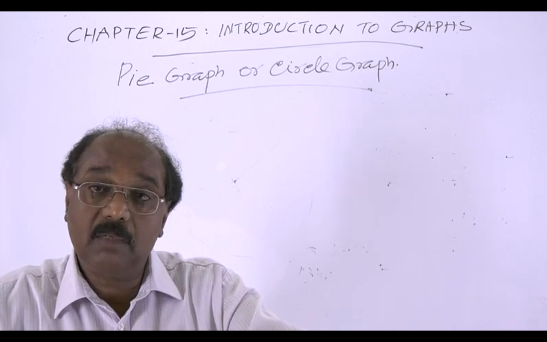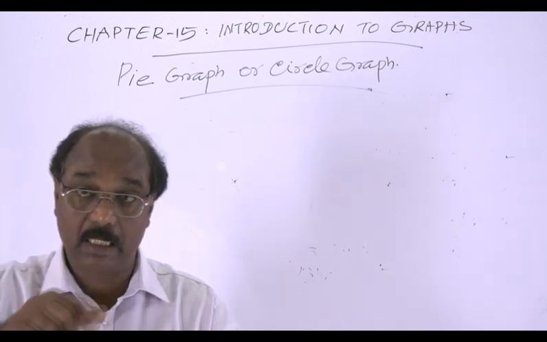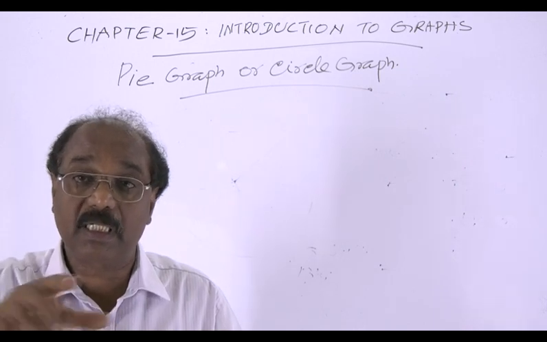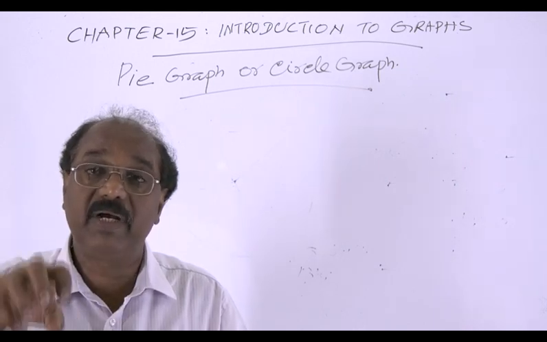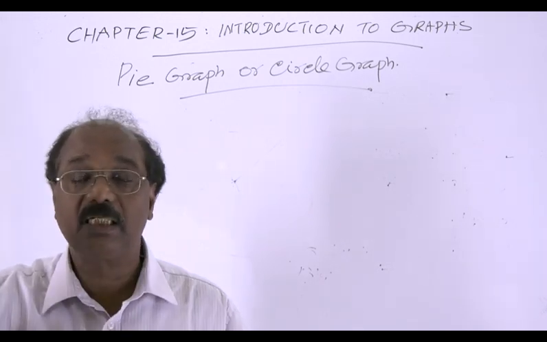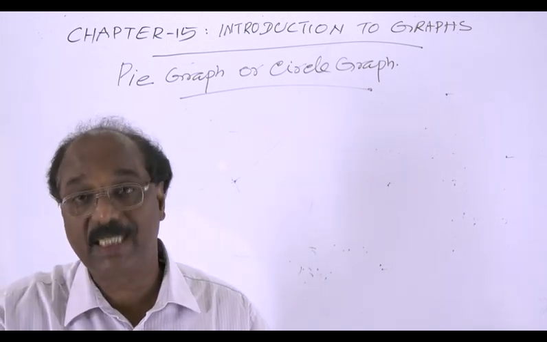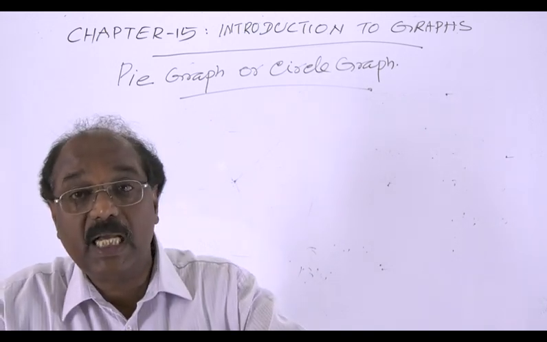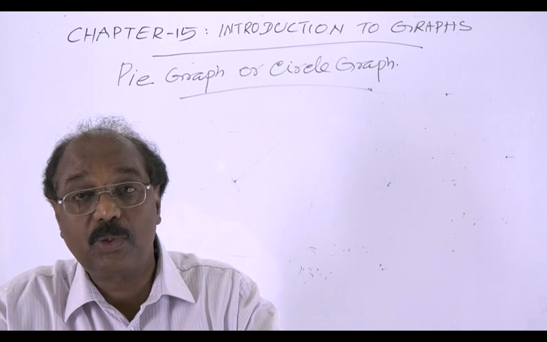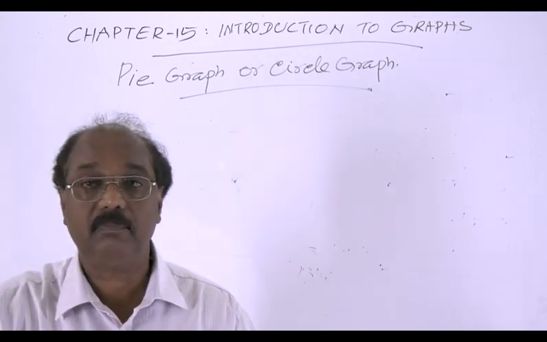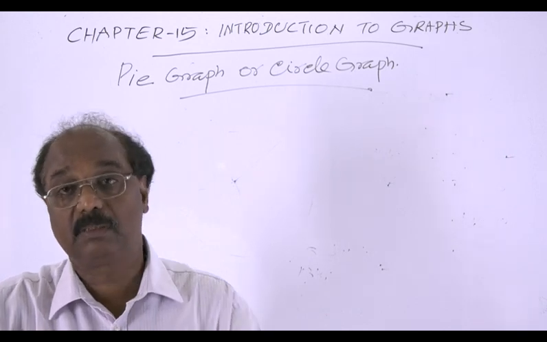So the total income is represented by the total circle, and the components are represented by the subdivided sectors of the circle. We divide the circle into sectors such that the areas of the sectors are proportional to the numerical values of the components.